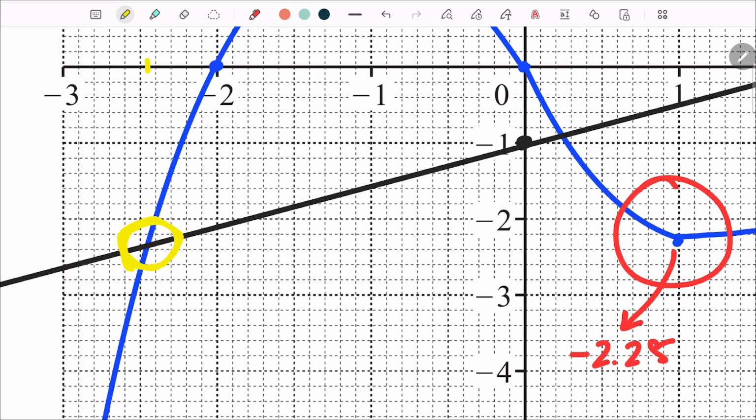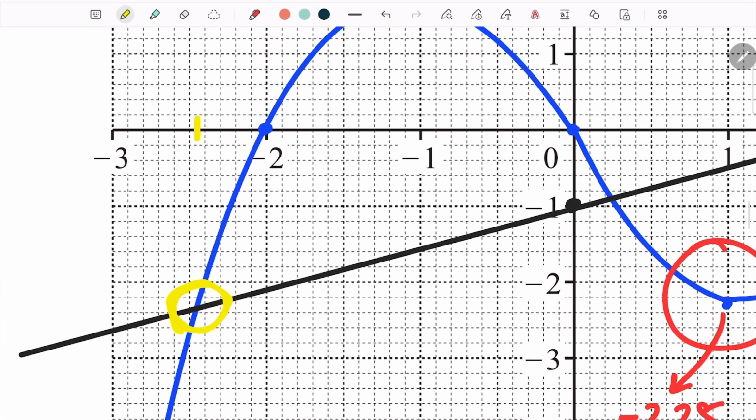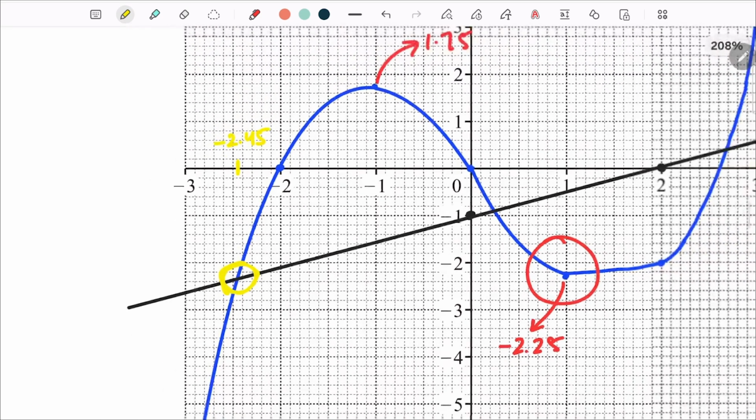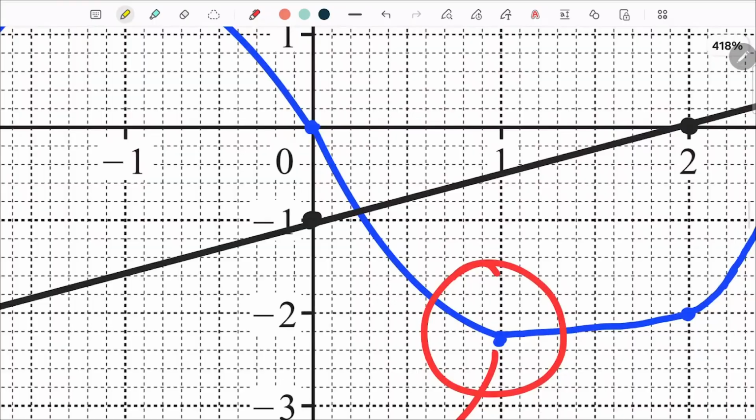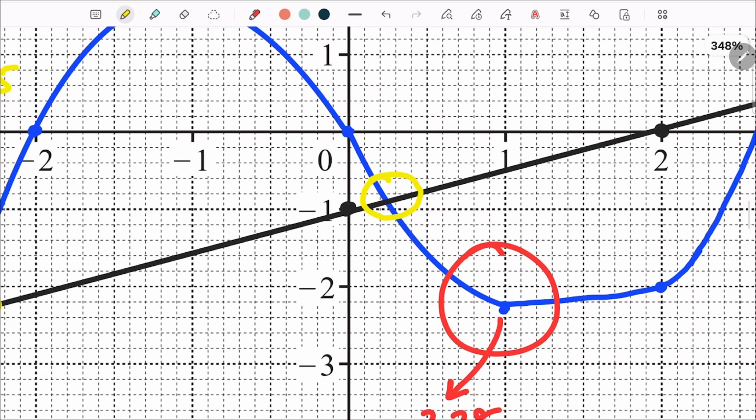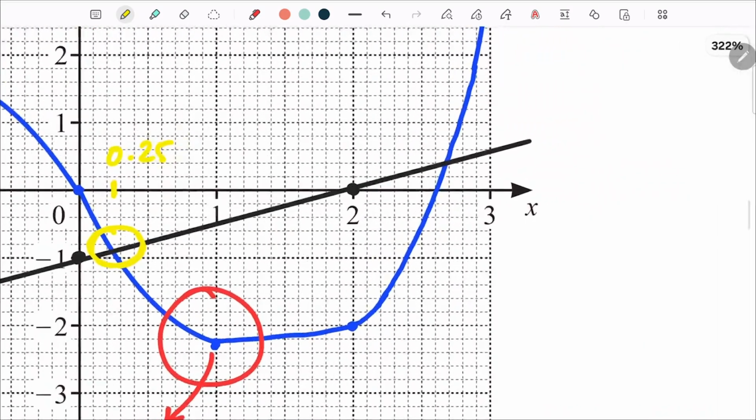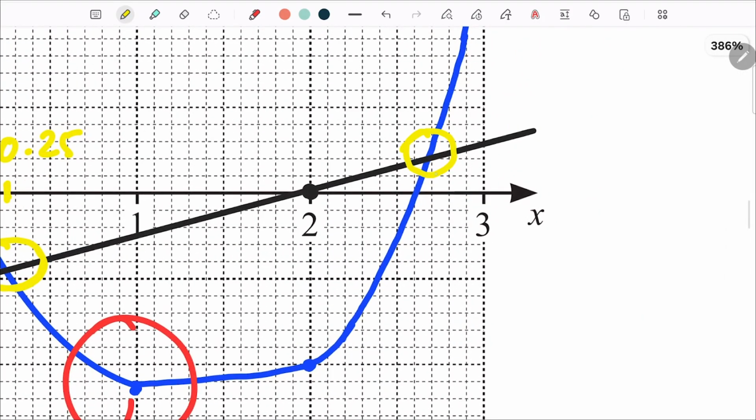The corresponding value of x is this value, which is 2.1, 2.2, 2.3, 2.45, negative 2.45. Then the second point of intersection is this point, and the x value is this, which is 0.1, 0.2, 0.25, and the third value is this, which is 2.5, 2.6, 2.7.